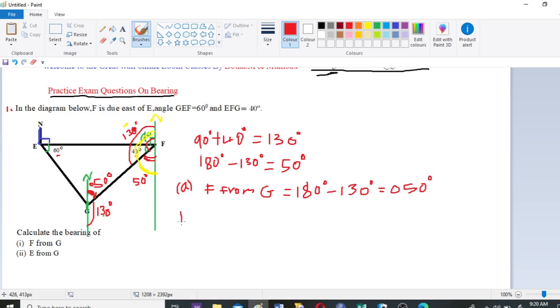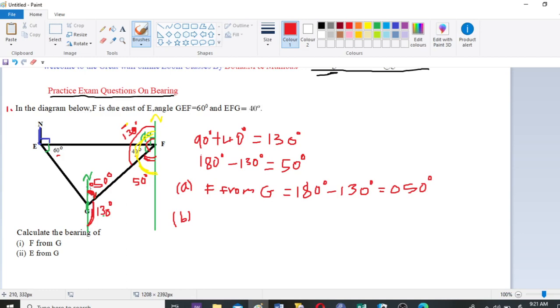If you do not still get the point, make sure you inbox and I'll be able to attend to you. But all you need to know is the properties. When you use them, you can see clearly. And if you don't want to analyze it the way I've done it, here I've shown you: if you add 90 and 40, you are getting 130 this side, right? You realize that this 130 is alternate interior to this one down, and we said this is also 130.